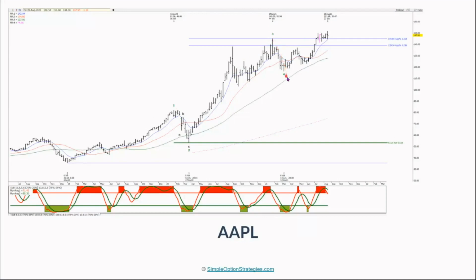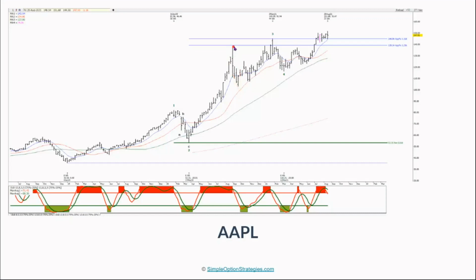And then we had the wave 4 pullback right there. But you can see here, I don't know exactly. Now remember, wave 3s are 5 waves up. I'd have to go down to a lower time frame chart, but the 1 and 2 is in here. But this sure is the micro 3, 4 in here.